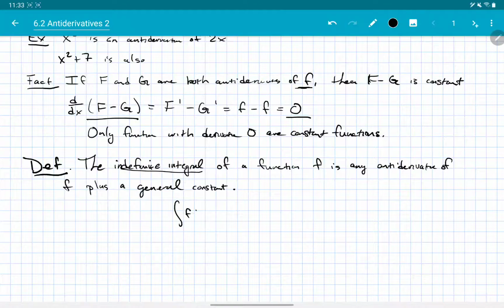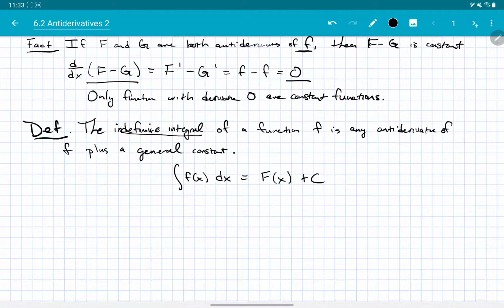We usually write something like this. The indefinite integral of f of x dx is some other function plus C. So let's write some examples of indefinite integrals.